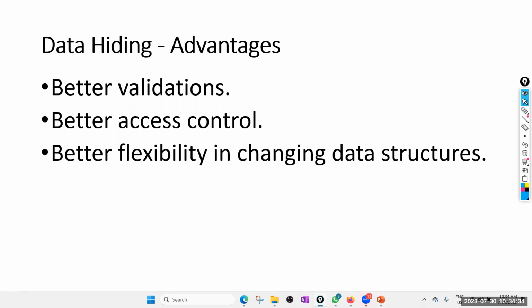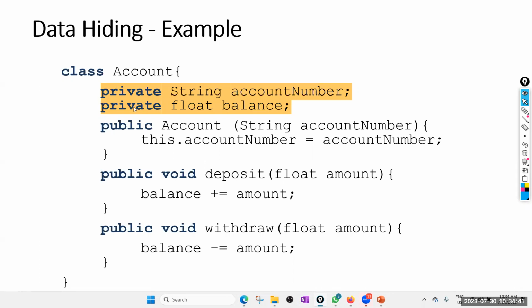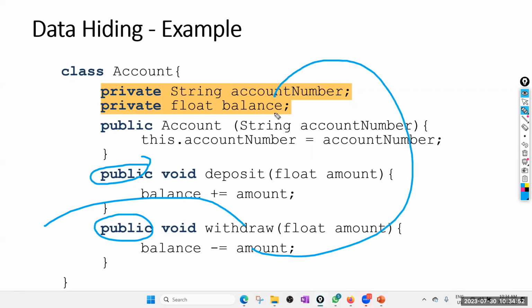The external code you don't have to change, because you are calling a behavior. So make your variables private, let your behaviors access them, and make sure your behaviors are exposed to other parties. They call the behavior, and the behavior accesses the private data. Okay, so super easy.